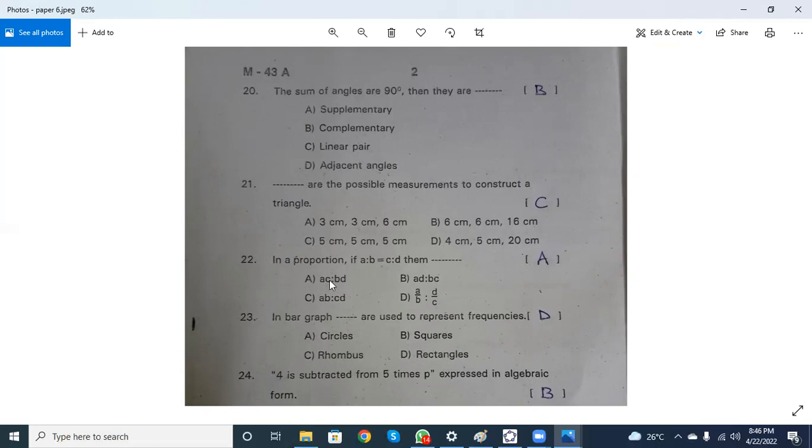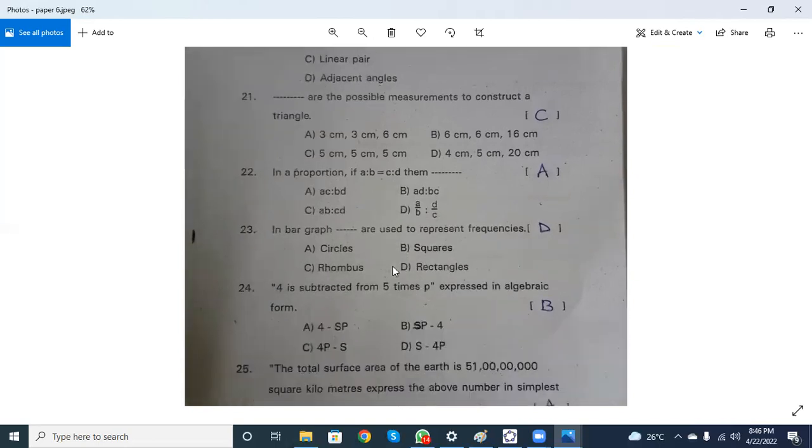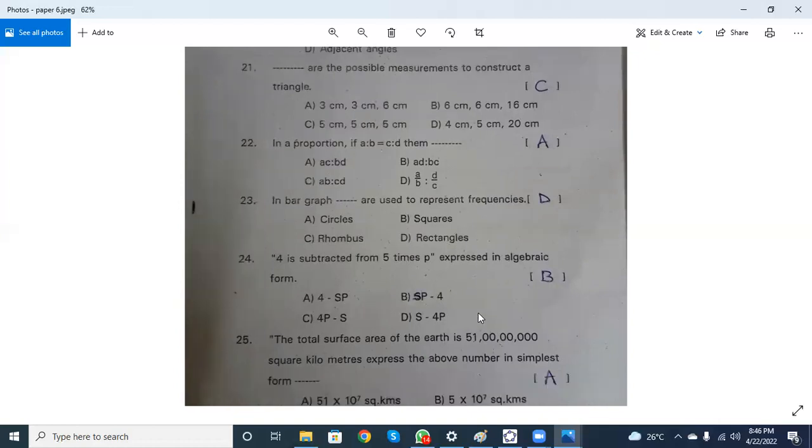So that is option A. Next, bar graphs are used to represent frequencies. Circles, squares, rhombus, rectangles. So a bar graph always contains rectangles, used to represent frequencies in the form of rectangular bars.